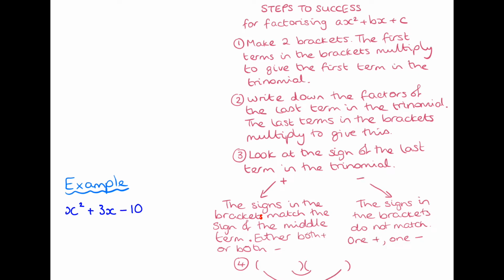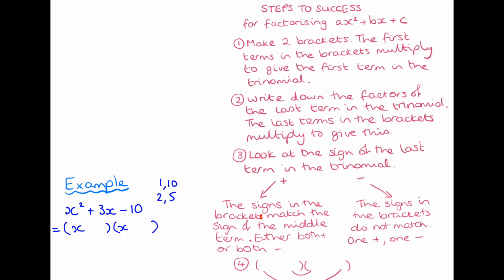Following the same steps as before, step 1 is make 2 brackets and put the beginning of the brackets in. We've done that. Step 2 is write down the factors of the last term, so the factors of 10. We've got 1 and 10, or 2 and 5.